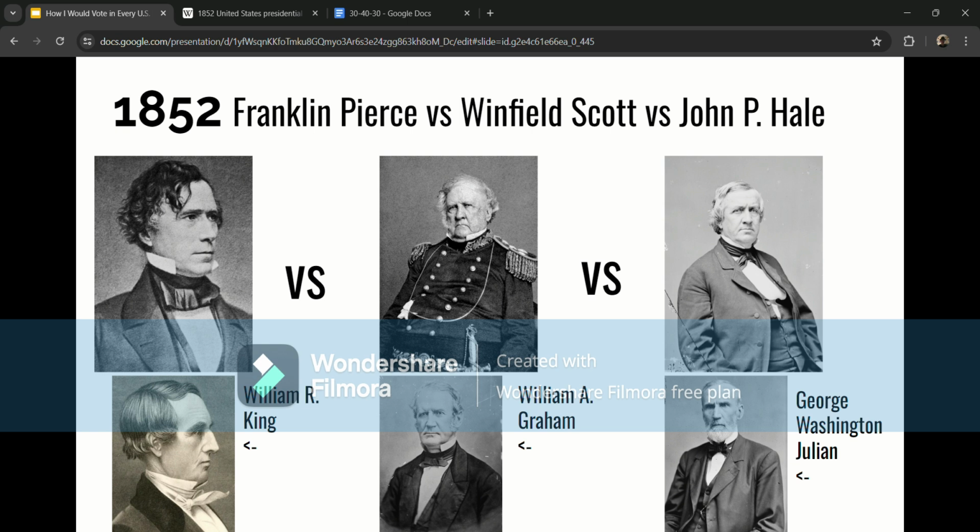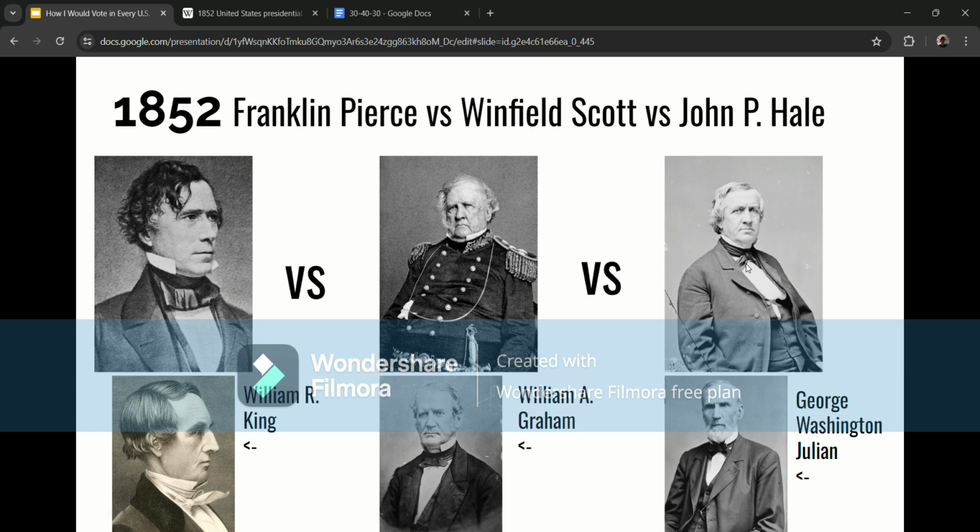And it was actually his lack of decisiveness that pretty much splintered the Whig Party and actually makes him the last Whig candidate to ever run for president. And wow, you guys really went out with a bang, didn't you? So I would have been leaning towards Pierce, unfortunately, for this one, just because Scott is just not appealing to me whatsoever, and at least Pierce is a likable guy.